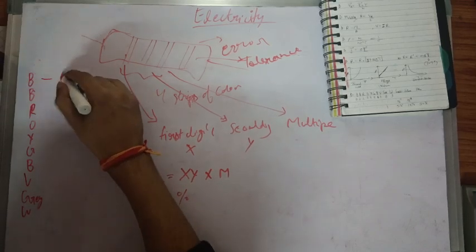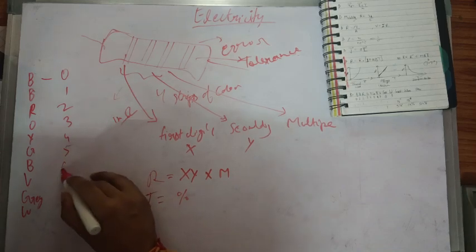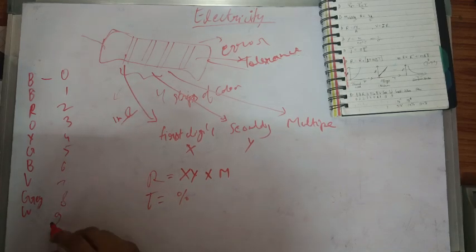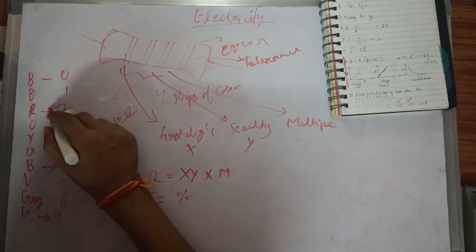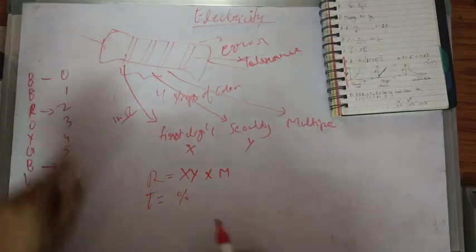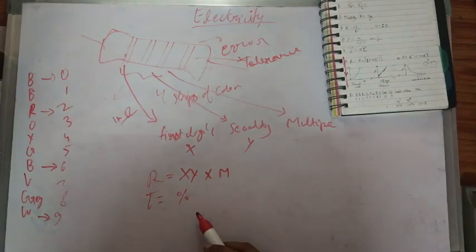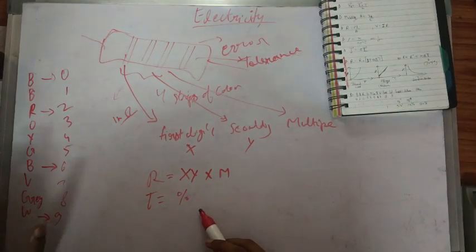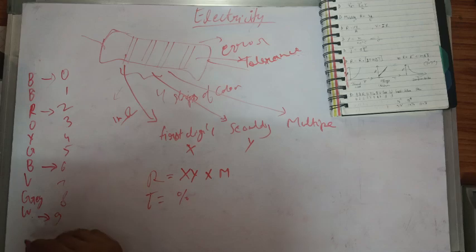Black means 0, brown means 1, then 2, 3, 4, 5, 6, 7, 8, and 9. White has 9, blue has 6, red has 2, and black has 0. We need to be careful. And now there are colors called gold and silver.